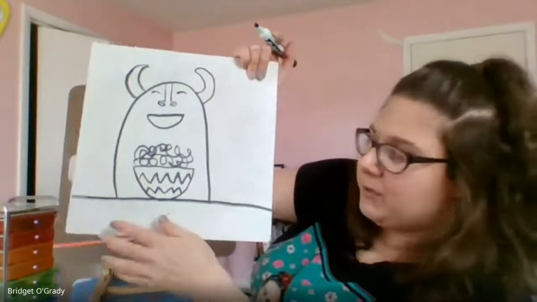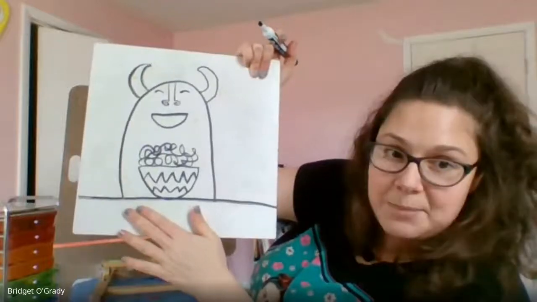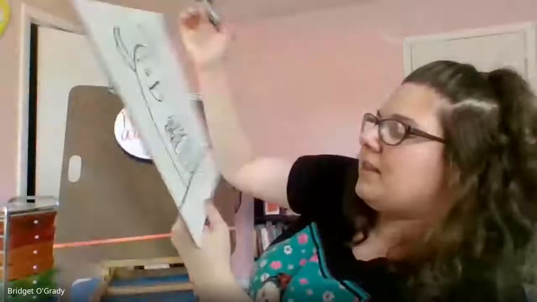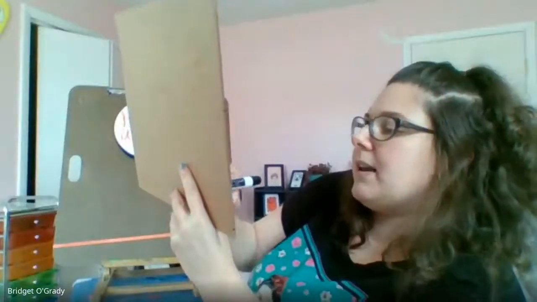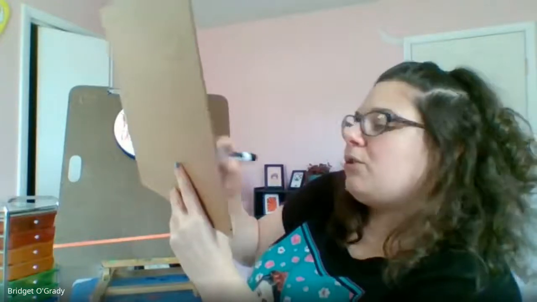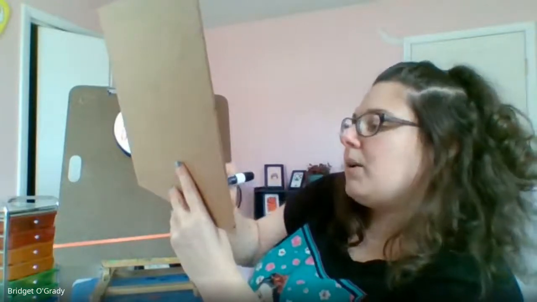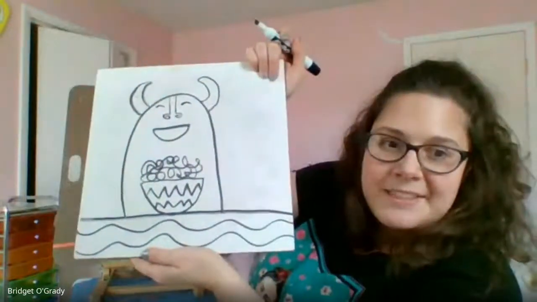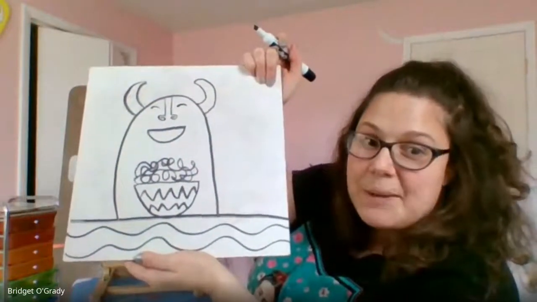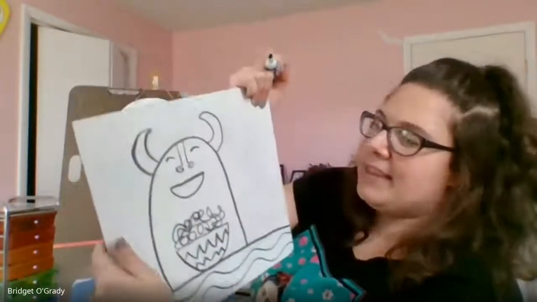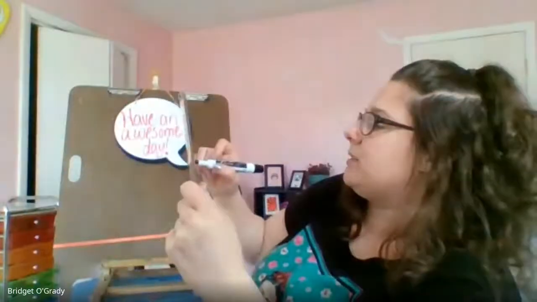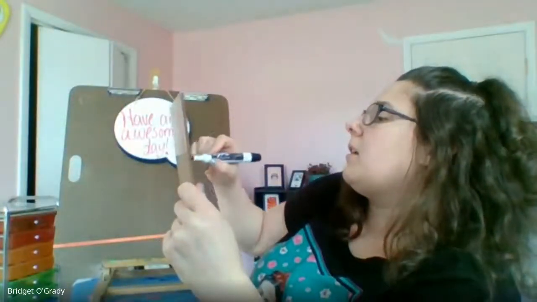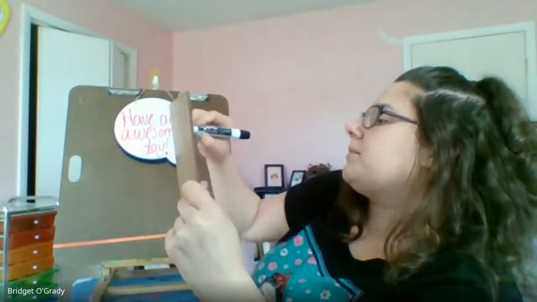I want to use some more lines to decorate the table. I think I'll make some wavy lines there. But you can use any kind of line you want. And then at the very end of the story, they talk about rainbow lines. So I think I'm going to use some rainbows to decorate my background.